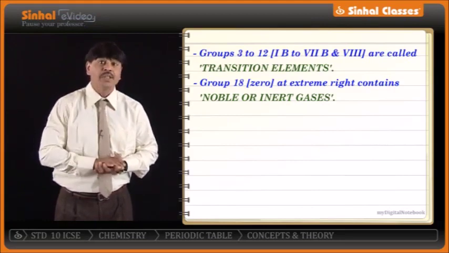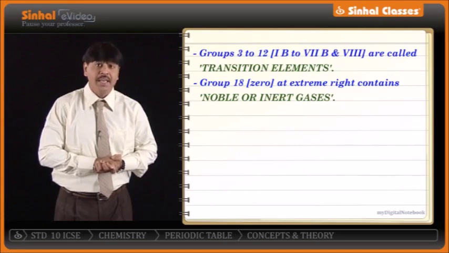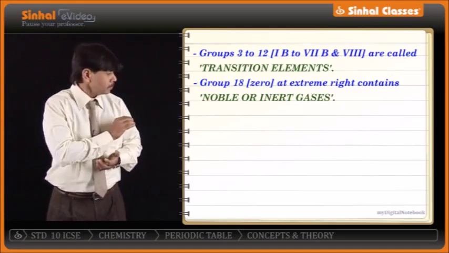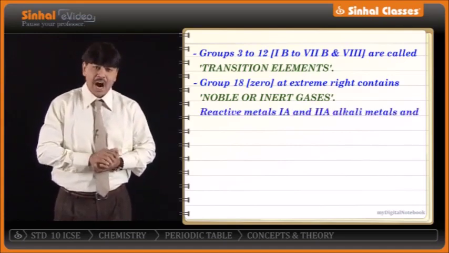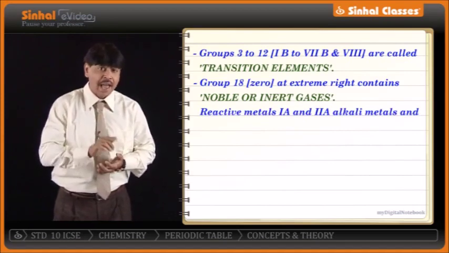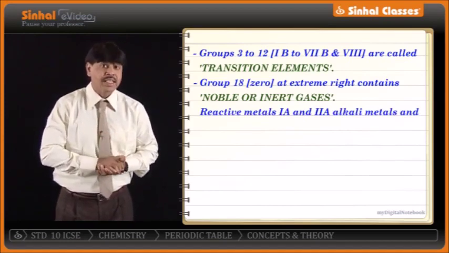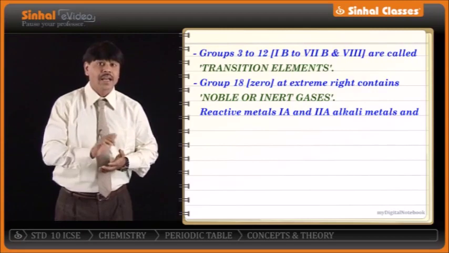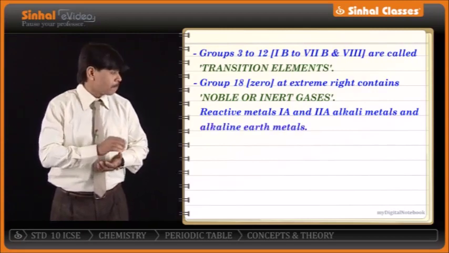As a result, they do not take part in any chemical reaction. Reactive metals are in group 1A and 2A, which are called alkali metals and alkaline earth metals.